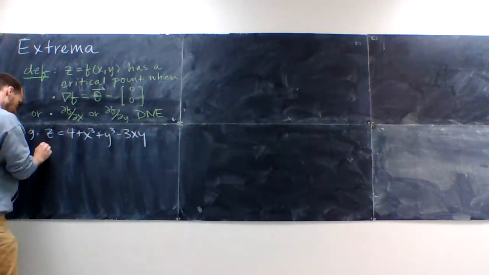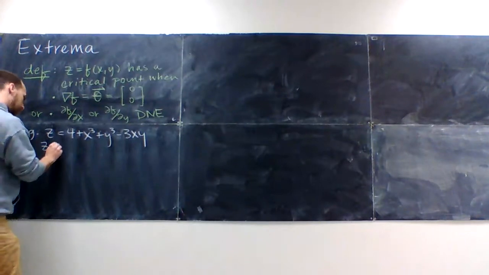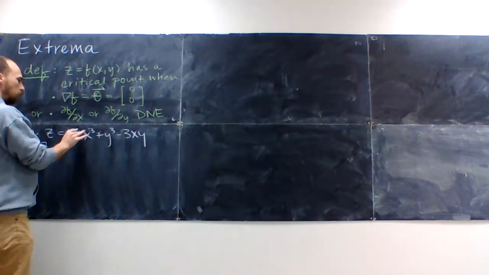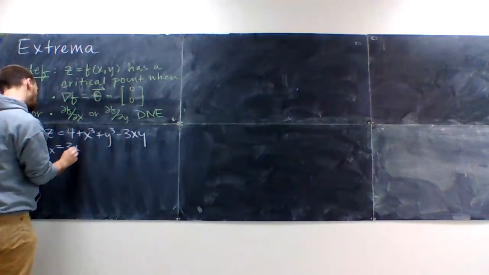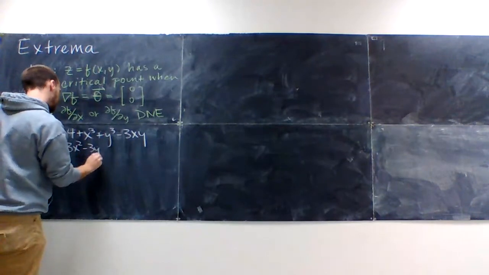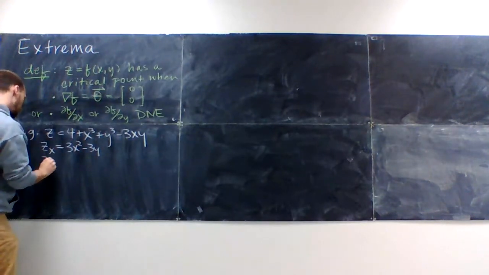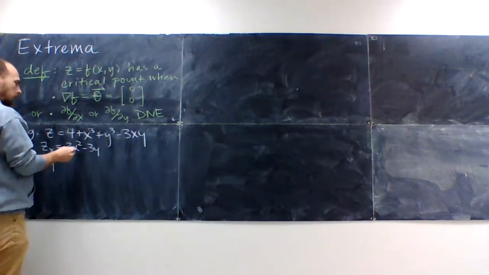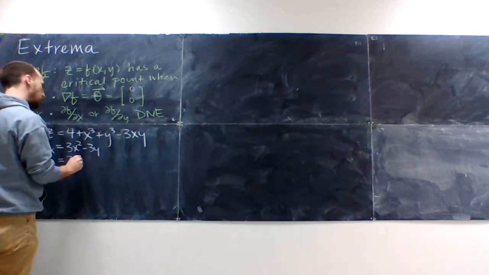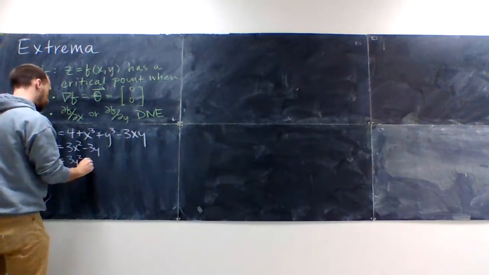So I'm going to say that zx is going to be 4 plus x to the 3, which gives 0, 3x squared, 0, and negative 3y. And then zy is going to be 0, 0, 3y squared, minus 3x.